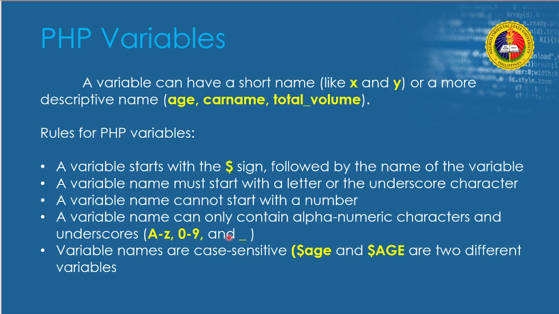So we'll open up our code again, and then we will use a variable. We will declare a variable, and then we will try to display the value of that variable. Let's say dollar sign text is equals to hello world.